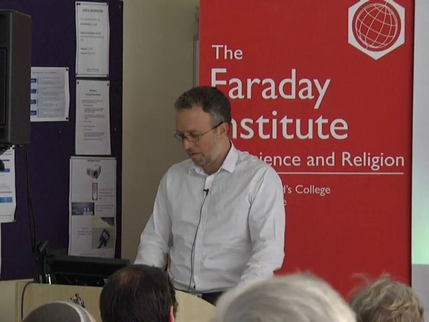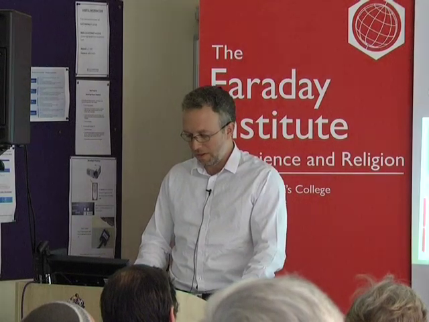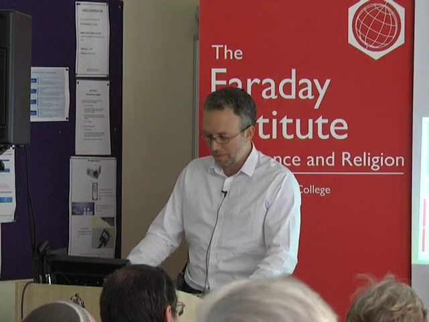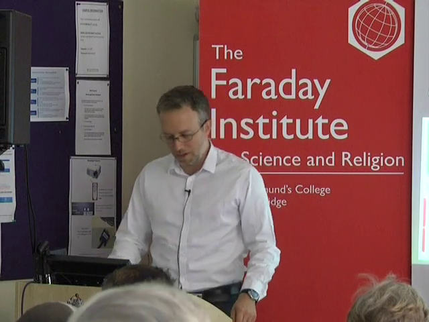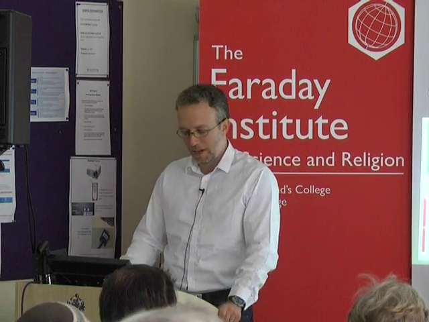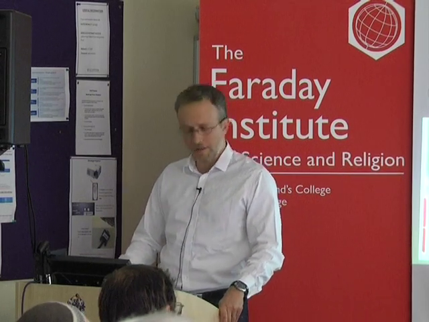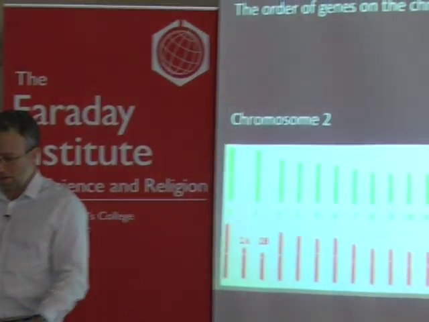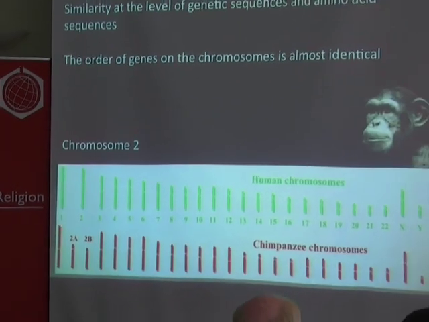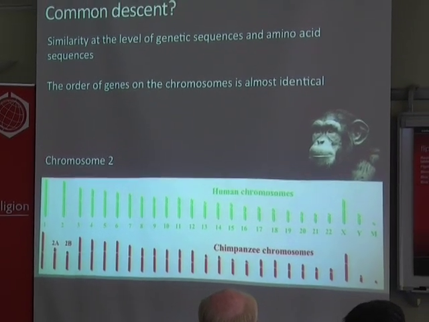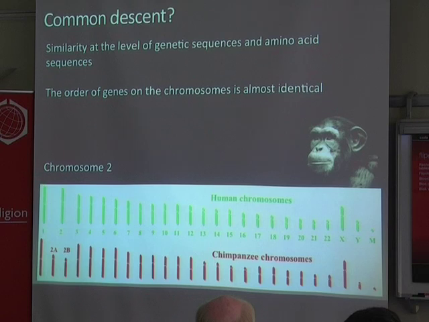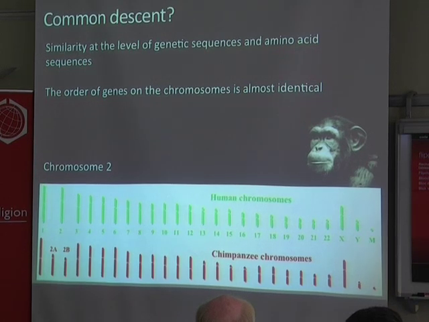And when you look at our closest species, the chimpanzee, we have 98.7% DNA similarity between our genome and the chimpanzee genome, and even 99.4% if you only look at the protein coding sequences.